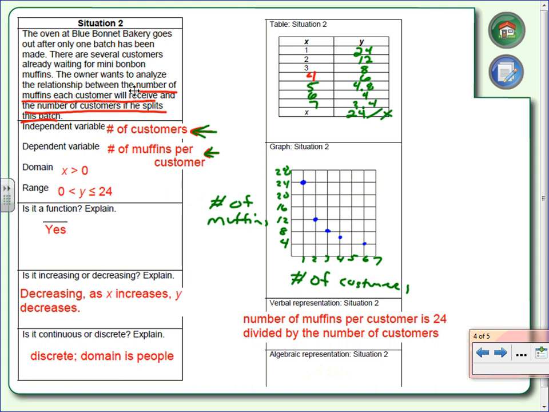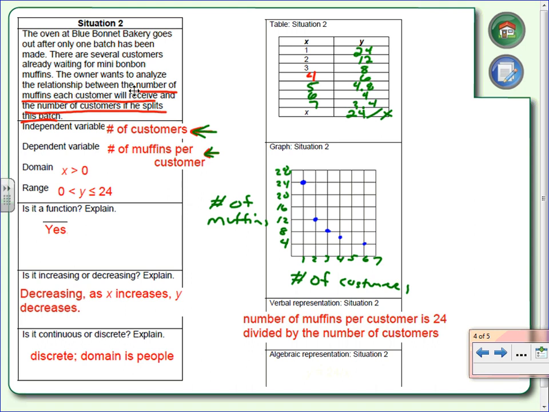So now that we got the verbal, we're going to see if we can do the algebraic representation. 24/x. Well, remember, we need a y equals. So it's going to be y equals what? 24x? Nope, but you're close. 24/x. And what is the slash? Divide.